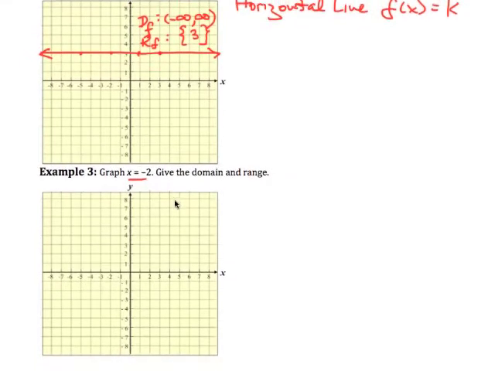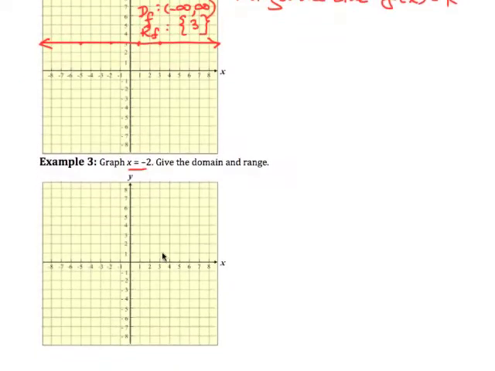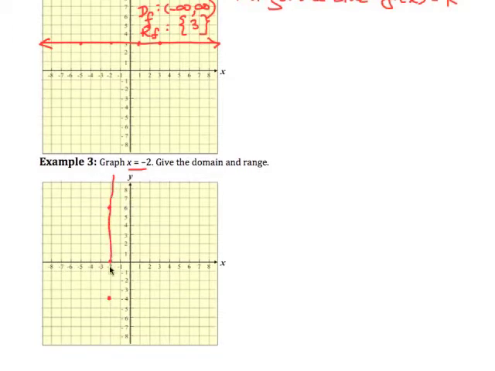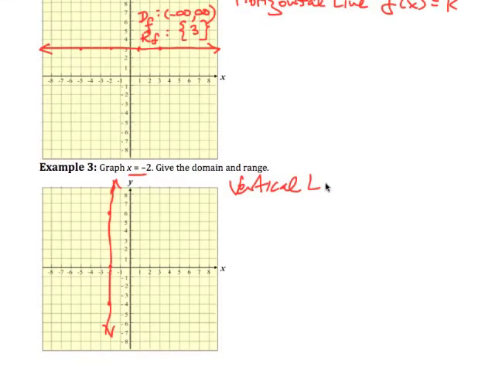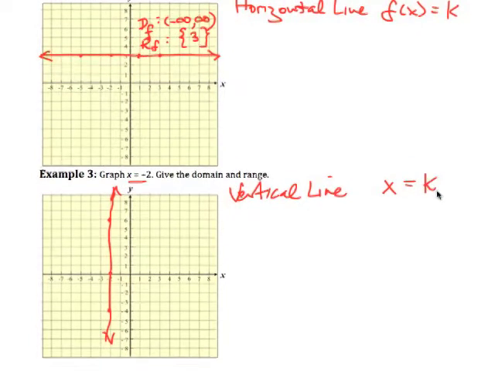Okay, let's have a look at this one here. We have x is equal to -2. So no matter what the function values are, we always have an x value of -2. Even if I had a function value of 0, I'd get -2. Even if I had a function value of 6, or -4, I'd get -2 as an x value. And so this is a special case, which is a vertical line, and this always has the form x equals some constant.